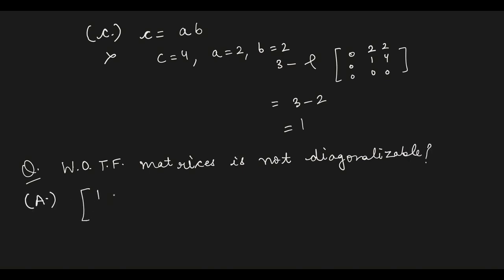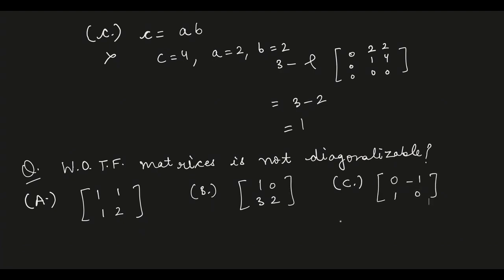Option A: 1 1 1 2, and option D. It was an MCQ. D. Reason?